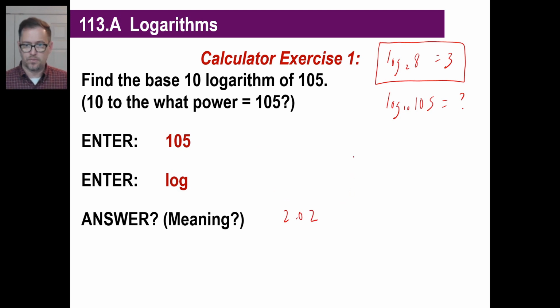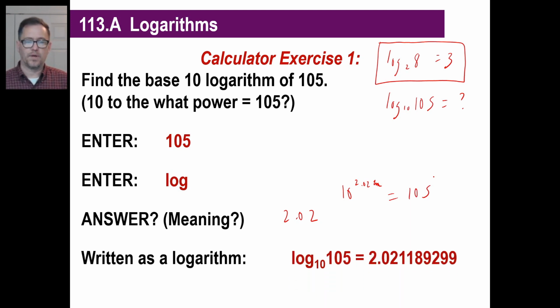That means 10 to the 2.02 power, approximately, equals 105. It won't be exact, but close enough. So that's how you actually write this: log base 10 of 105, boom, 2.02.